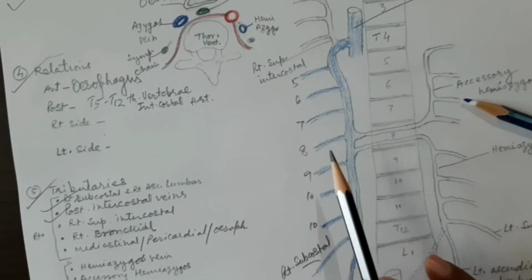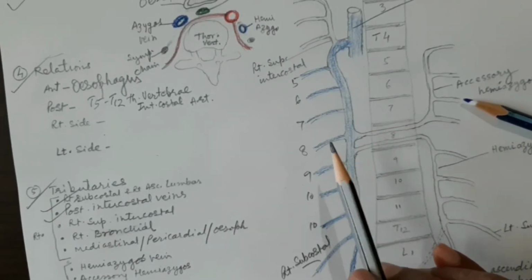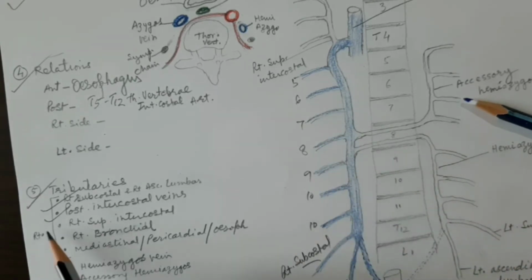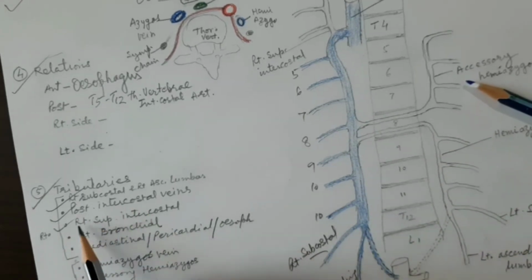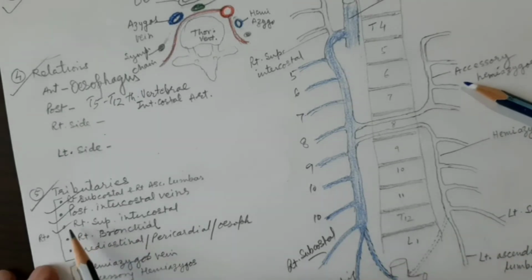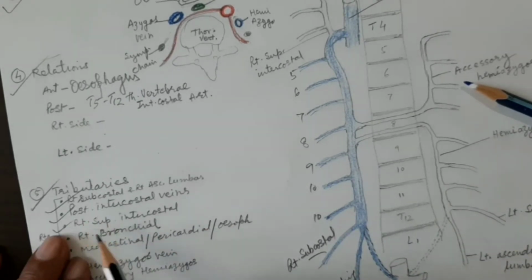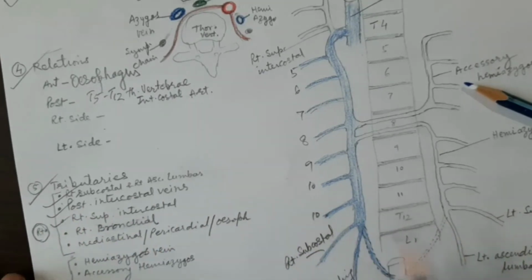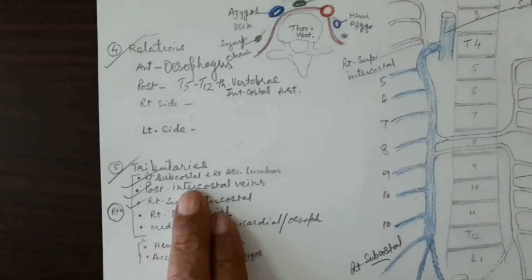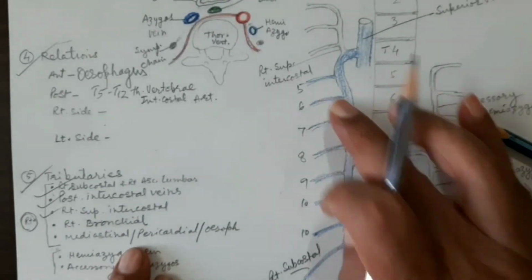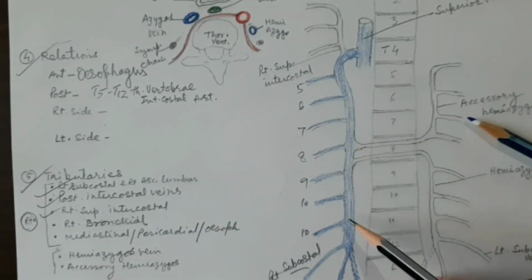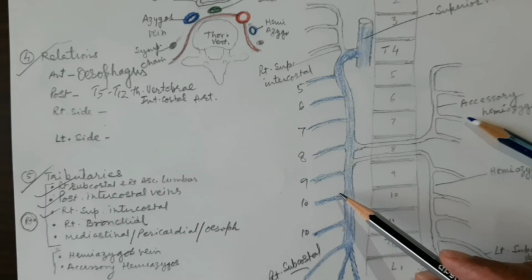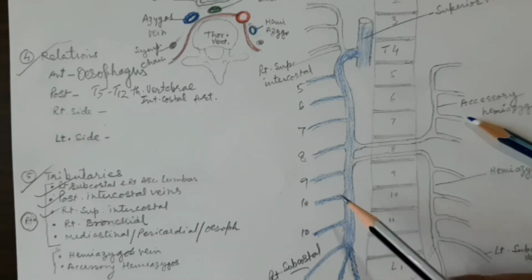All these are on the right side, and these right posterior intercostal veins pour their blood from the intercostal spaces into the azygos vein.